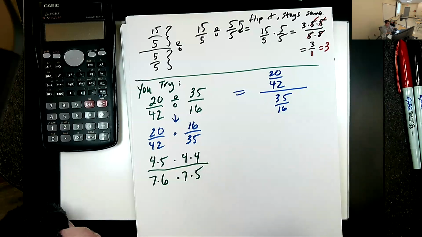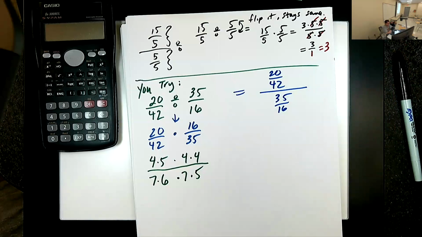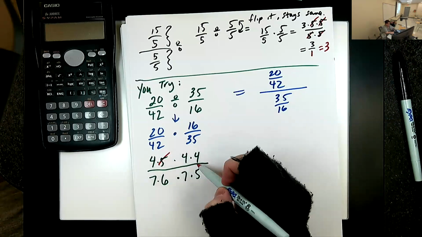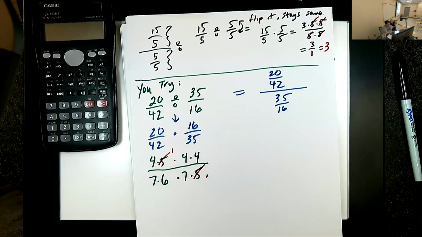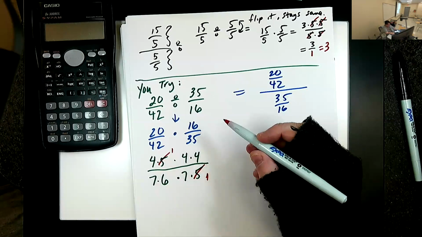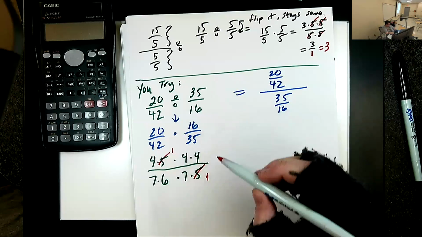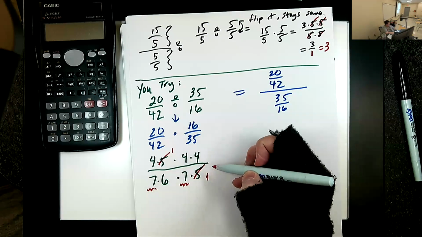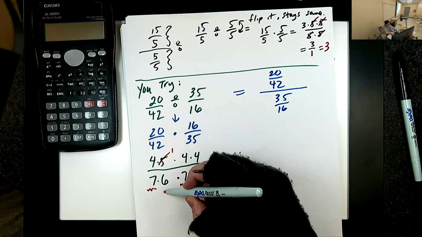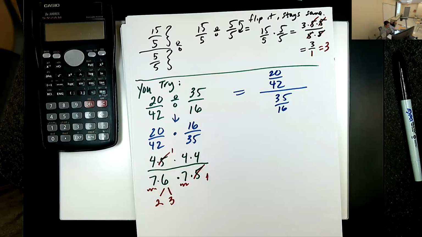Well, what cancels here? I see I got a 5 on top for both. And now I may be able to factor more, they're not prime numbers. 7 is already prime. The only number on the bottom that isn't prime is the 6. I am going to factor the 6 as 2 times 3.